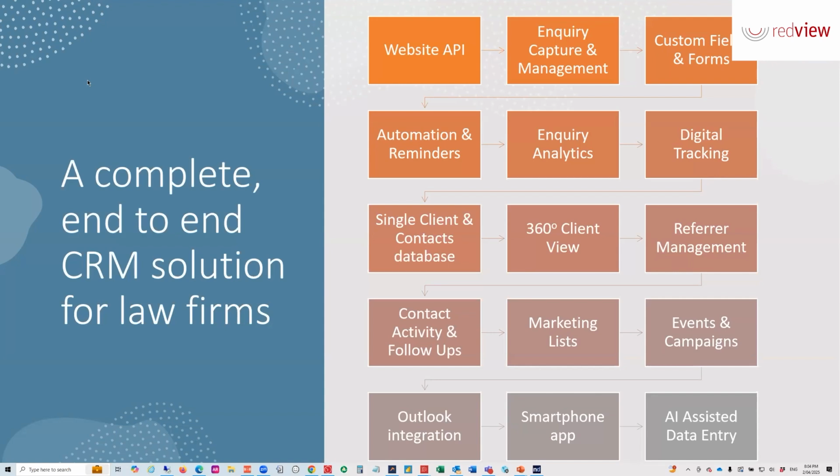The second aspect is about client contact and referrer management. So using the Leap information to be able to access data, provide you with more information, build marketing lists, manage events and campaigns, and the like. A key part of the product these days is integration with Outlook, and we're increasingly putting more AI-driven functionality into the software.